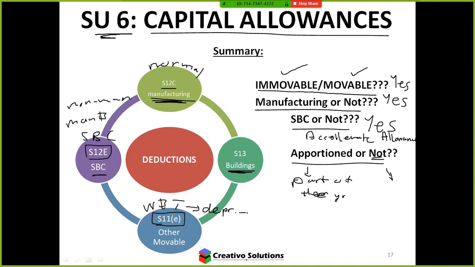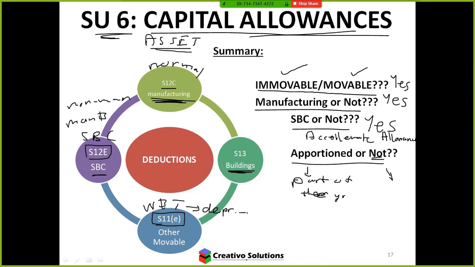So you've got four that you need to look out for: I'm looking for normal, I'm looking for SBC, I'm looking for other, and I'm looking for building. Those are the different assets that you could be given, and then I need to know which deductions or allowances to apply. Happy? This summarizes the different deductions, and I've got separate notes covering each one of them.